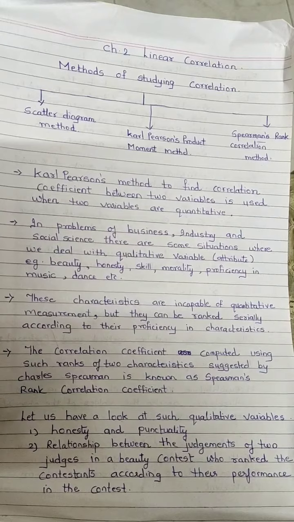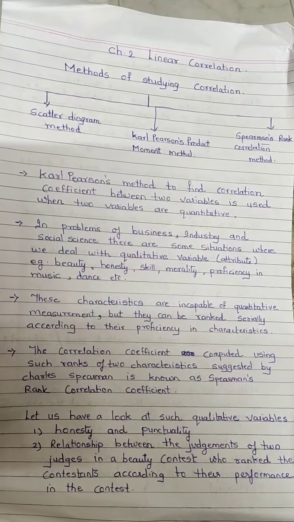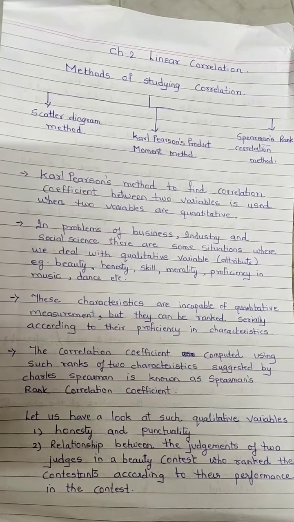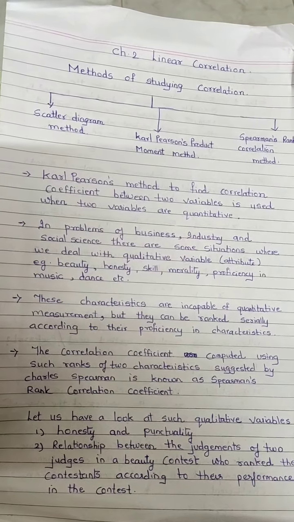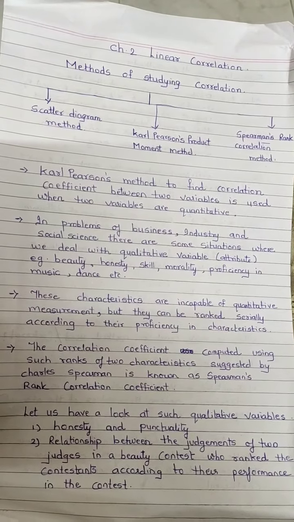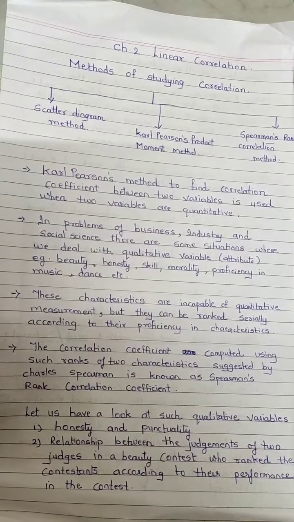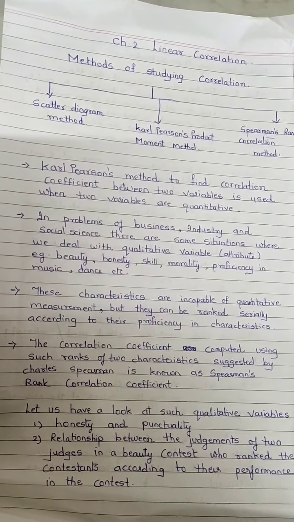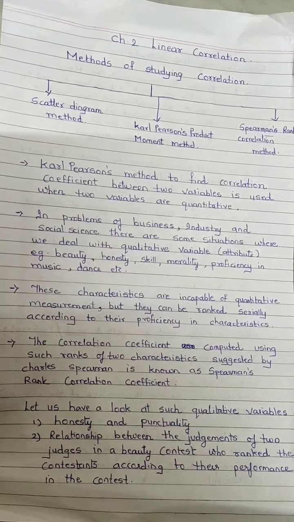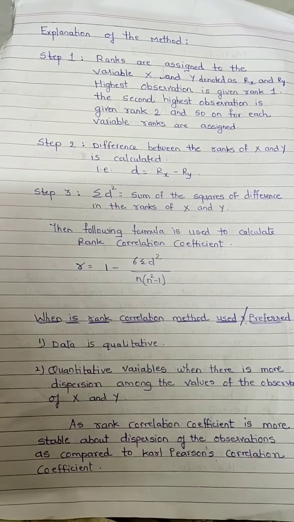Let us have a look at such qualitative variables, honesty and punctuality. Another example is the relationship between the judgment of two judges in a beauty contest who ranked the contestants according to their performance in the contest. This is a very easy method.